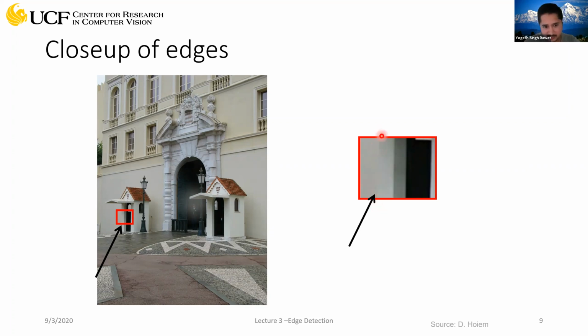So you have an edge there, and this is again a corner of a wall. It's more of a step model, because of the shadow you don't have enough light in this particular region. Again, indoors, because of the lack of light, you can't see it. Again, you have an edge.